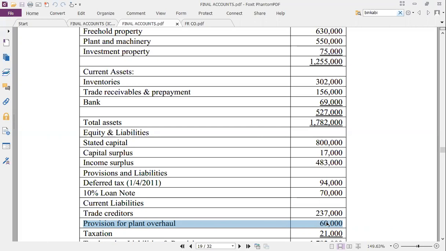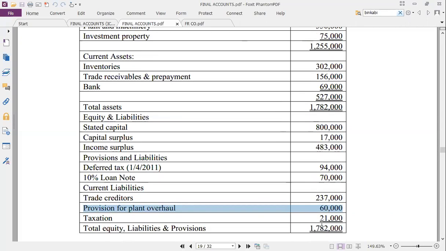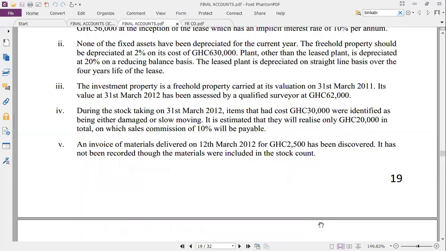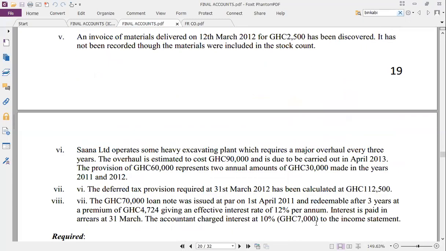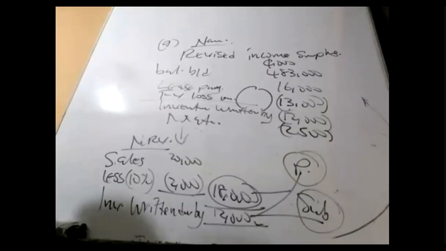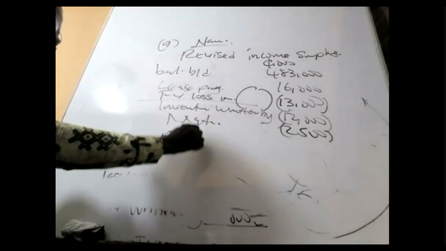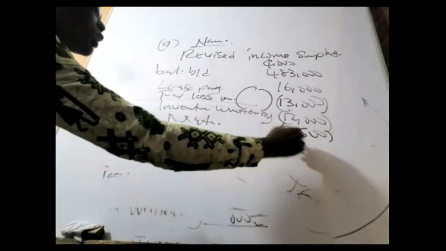Immediately raise an additional 30,000, so that in the new balance sheet, the provision for plant overhaul should be worth 90,000, and then add 30,000 to your expenses. That is all. The additional provision of 30,000 is an expense. So I'll come here and tell the examiner: additional provision 30,000.